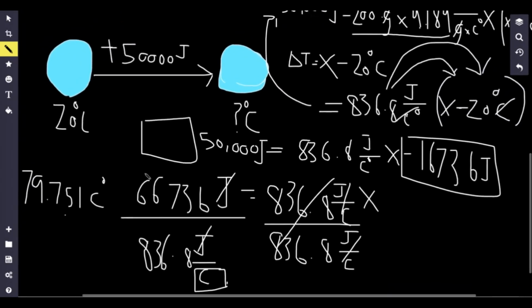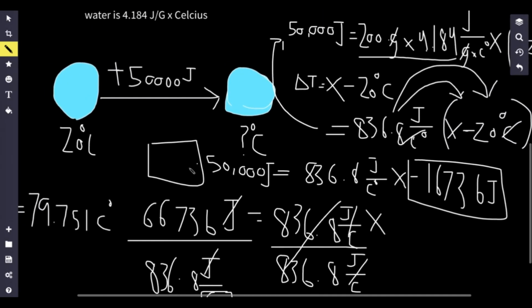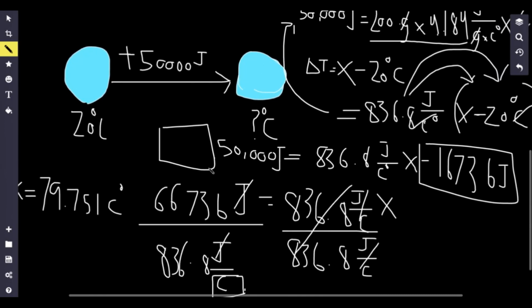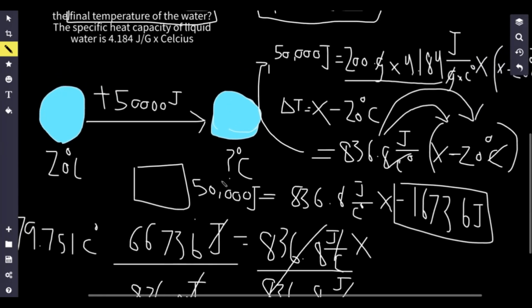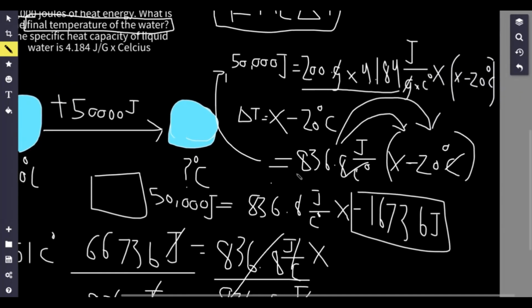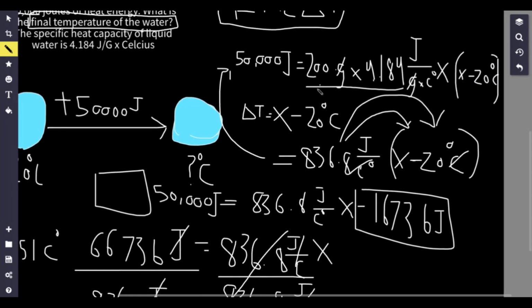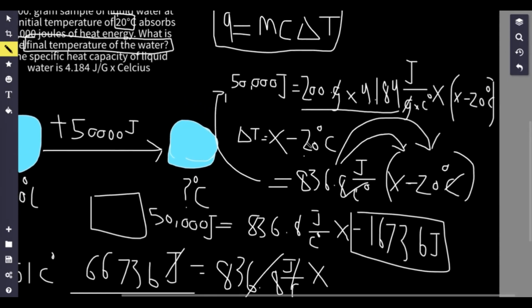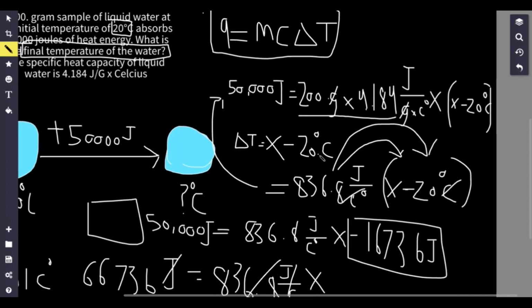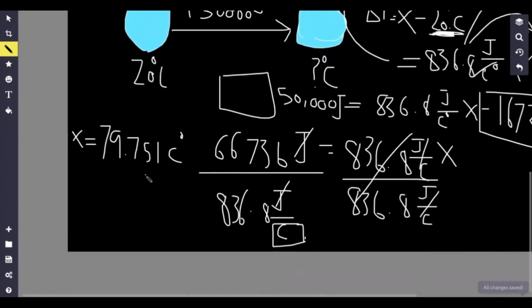But remember that we have to round to the correct number of sigdigs. When we take a look at our beginning, we can see that our initial temperature is 20 degrees Celsius. So we're going to round to 2 sigdigs.